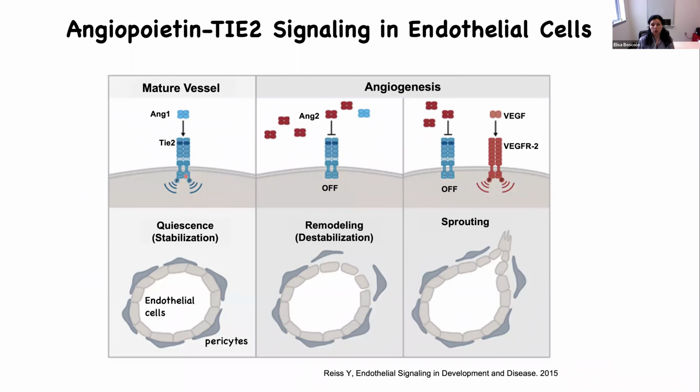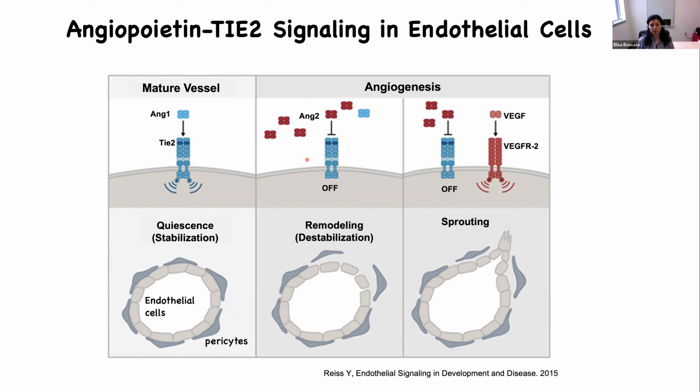What is Tie2? Tie2 is a receptor primarily found on endothelial cells, and the most well-studied ligands are angiopoietin-1 and angiopoietin-2. Angiopoietin-1 binds to Tie2 and can induce phosphorylation in most cases, and promotes survival of endothelial cells and quiescence. Angiopoietin-1 is primarily produced by the perivascular cells.